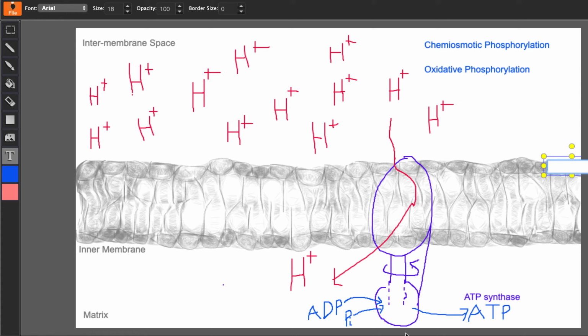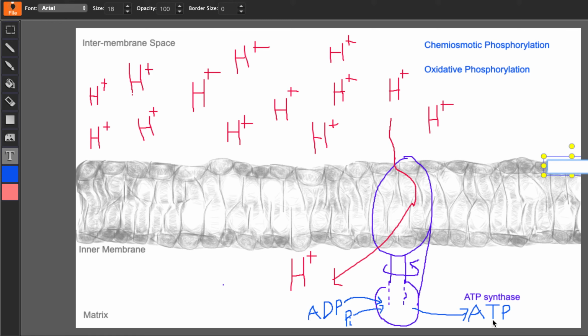And I also want to identify these energy transfers. The movement of protons is going to be kinetic energy. The spinning movement of ATP synthase, that's going to be kinetic energy because it's energy in movement. And so it's kinetic energy that's actually driving the formation of ATP.